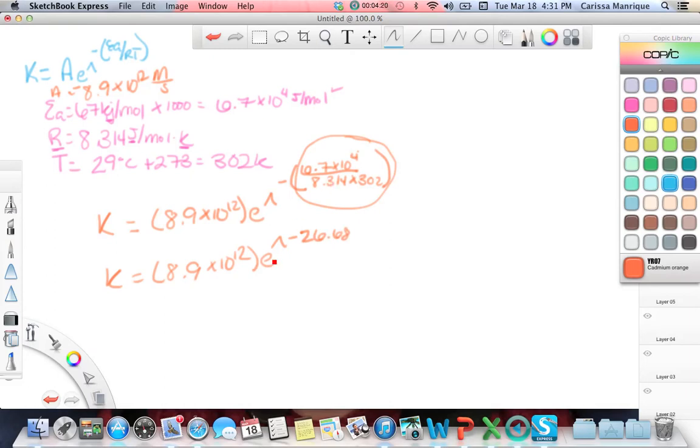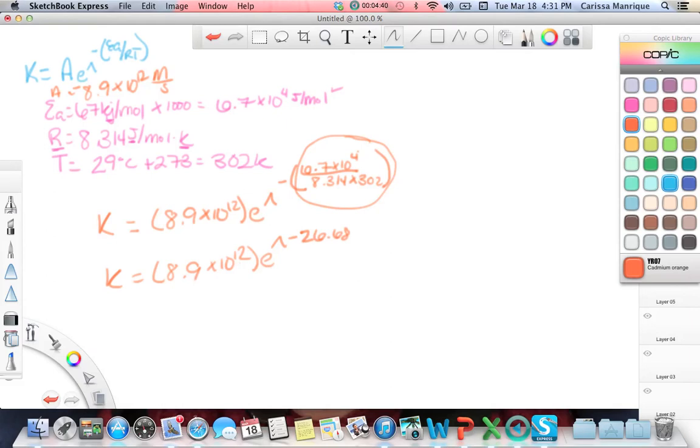Now when I do e raised to the negative 26.68, this is on your calculator. This is the second natural log.